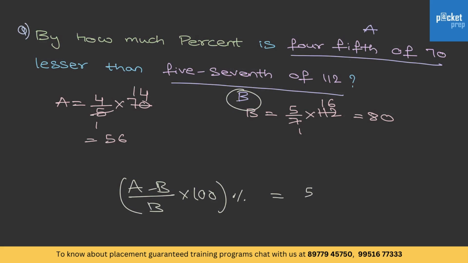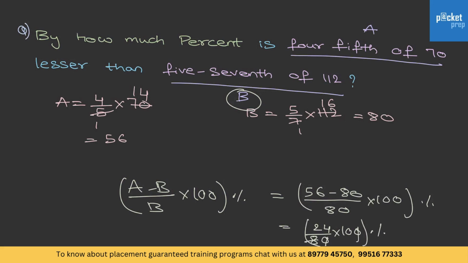This gives 56 minus 80 by 80 into 100. 56 minus 80 will be minus 24, and this minus sign indicates that a is lesser than b. So let's neglect the minus sign and write 24 by 80 into 100%. 8 threes are 24, so 3 into 10 is 30%. So a is lesser than b by 30%.